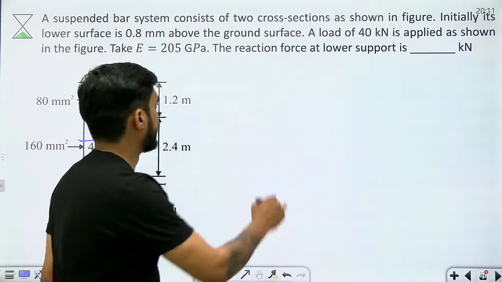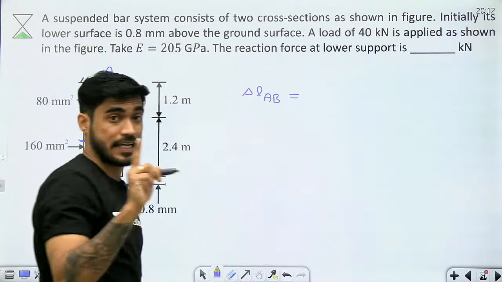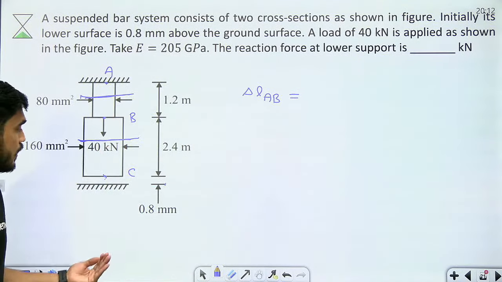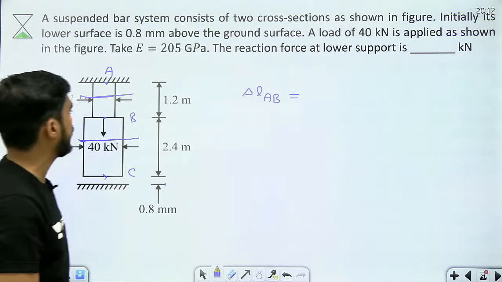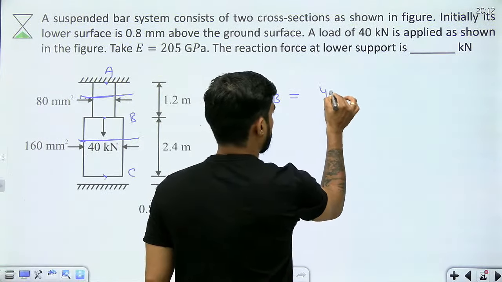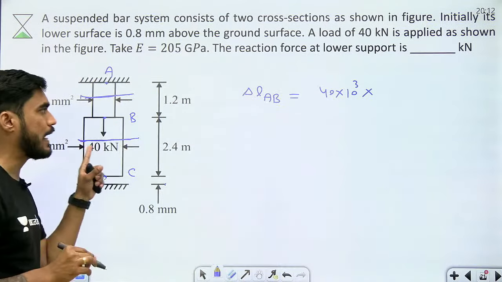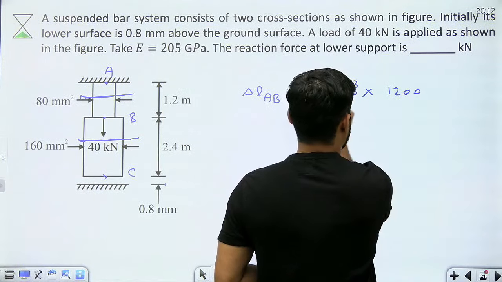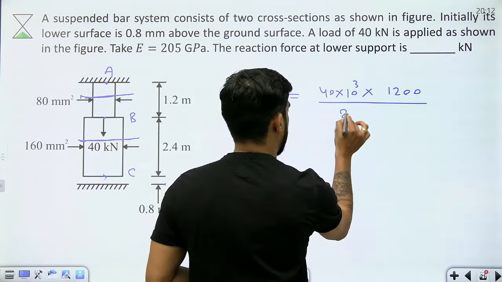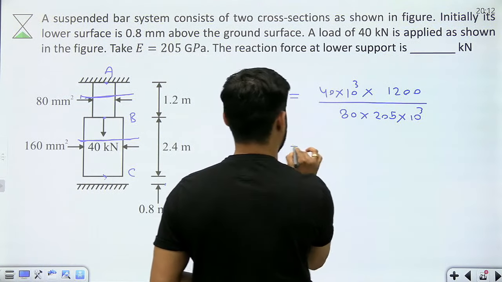Initially, right now there is no reaction at C. So in this condition, what will be the change in length of AB? It will be 40 kilonewton multiplied by length 1200, divided by area 80, Young's modulus 205 into 10 to the power 3.